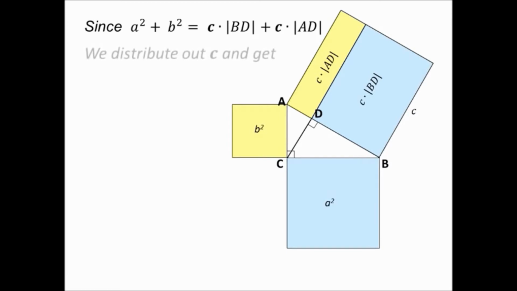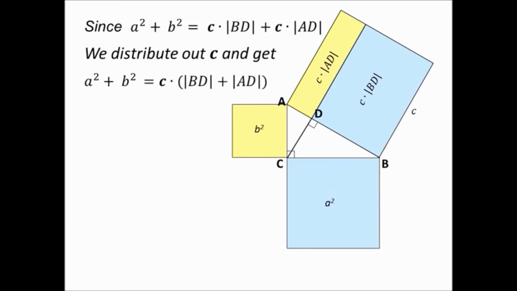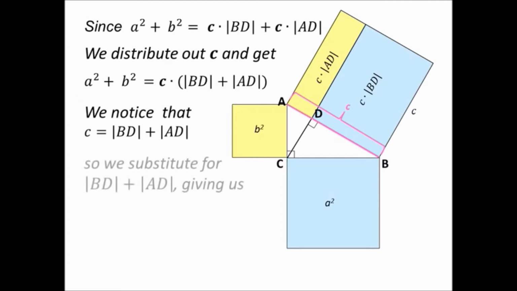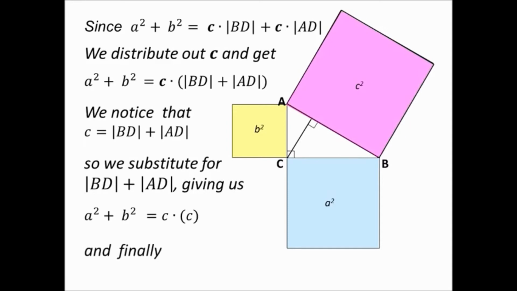Since A squared plus B squared equals C times BD plus C times AD, we distribute out C and get A squared plus B squared equals C times (BD plus AD). We notice that C equals BD plus AD. So we substitute for BD plus AD, giving us A squared plus B squared equals C times C. And finally, A squared plus B squared equals C squared.